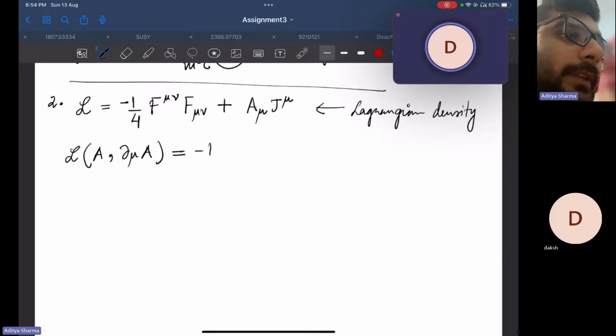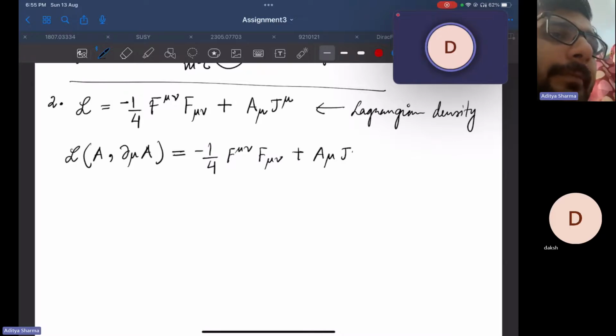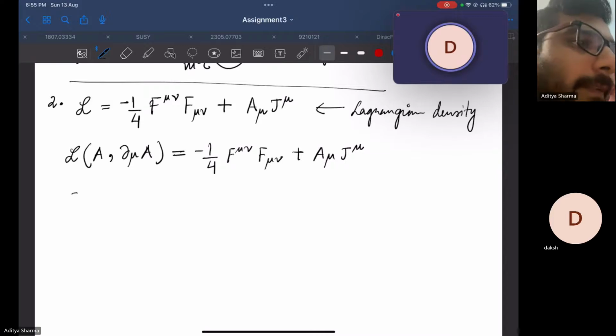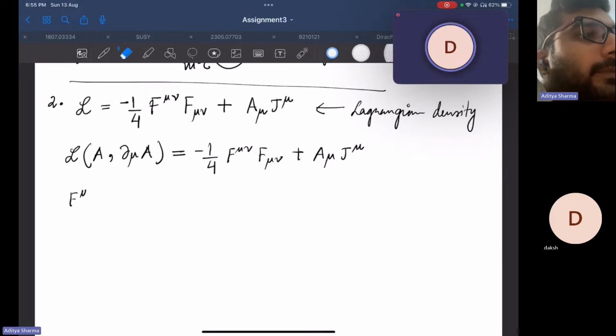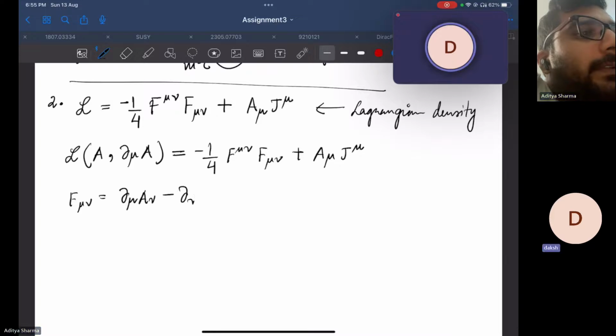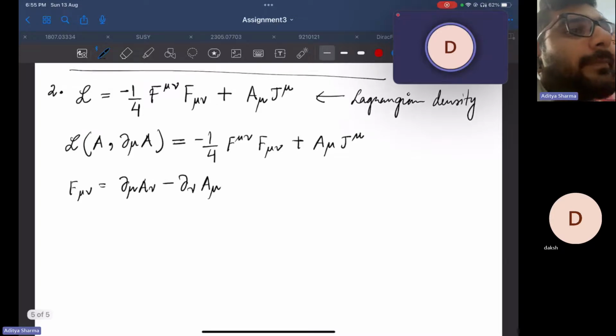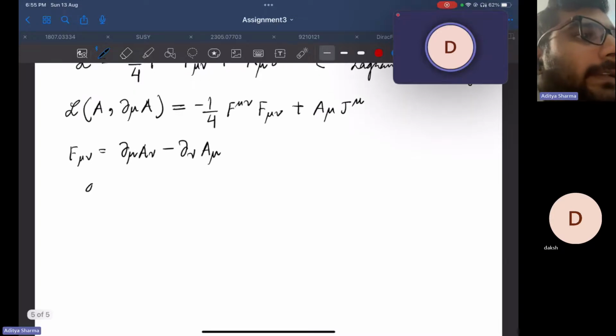And this is equal to, as I have written before, F mu nu plus A mu J mu, where F mu nu is equal to D mu A nu minus D nu A mu, where D lower mu means d/dx of mu.